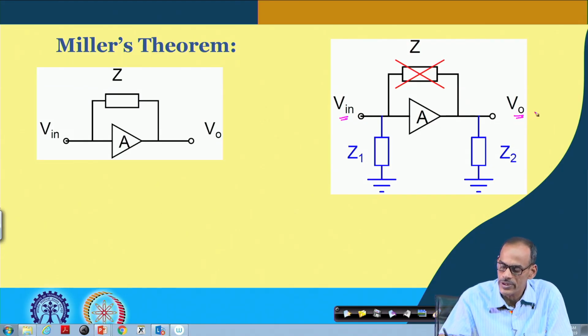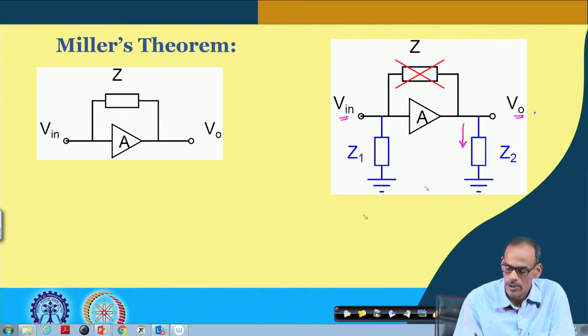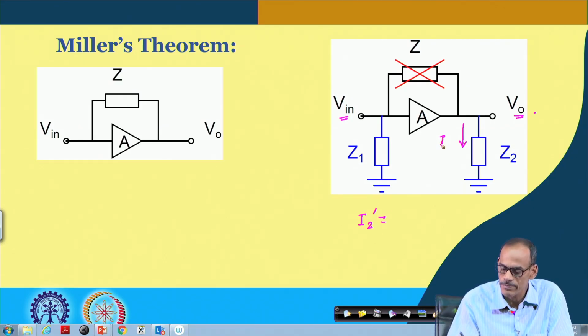If the voltage here is V o, the current drawn through this circuit, let me call it I2 dash, is equal to V o divided by Z2.